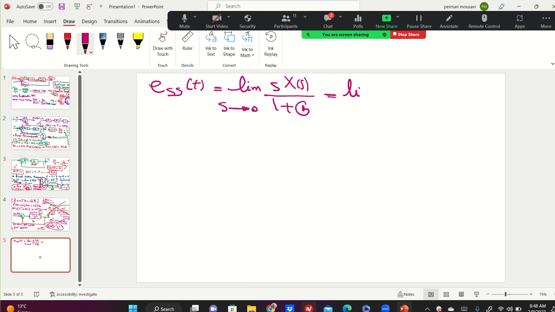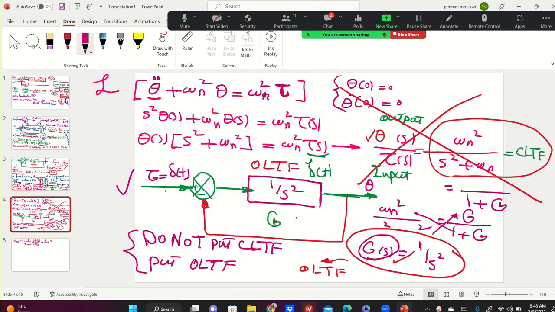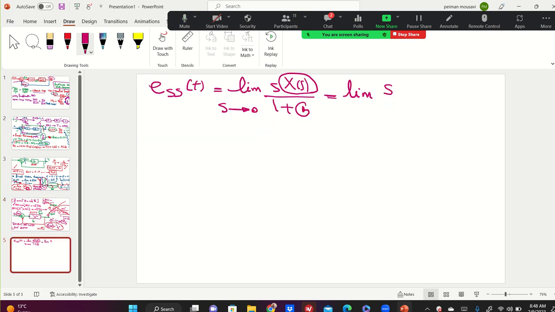So guys, your X of s in this specific problem is impulse. So you let me know what is the Laplace of the impulse? I taught you. Go to your notes. How much is that? 1.